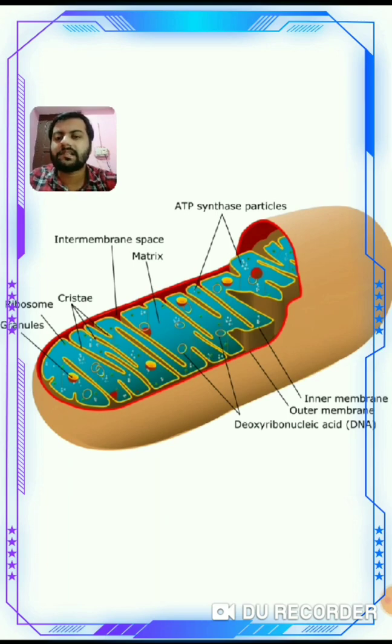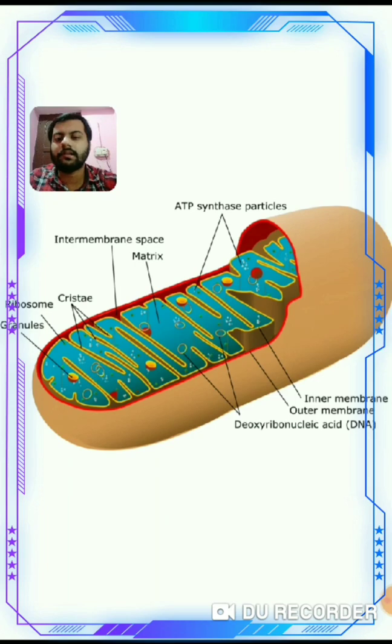We also studied some examples of cell organelles in previous classes. So today we will start one by one, in brief, about cell organelles.